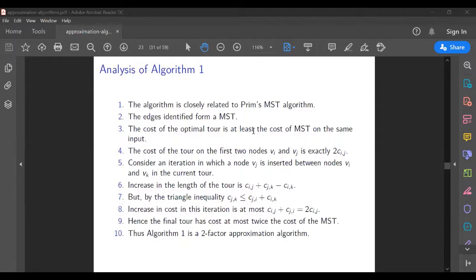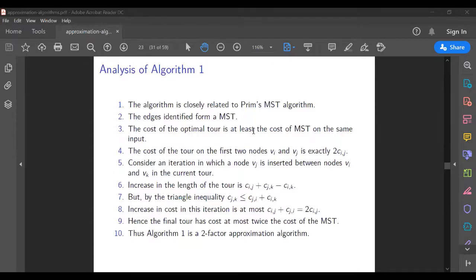What it means is going from j to k directly is always smaller than going through an intermediate node. That is what we call the triangle inequality. That holds in the graph because we have only positive weights. If I have a negative weight, this is not true.